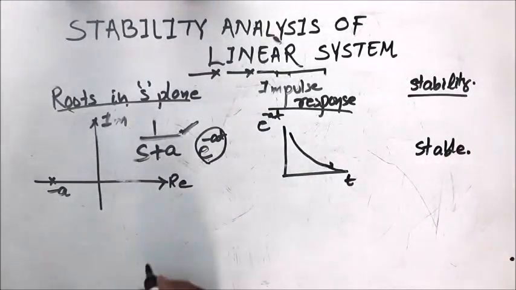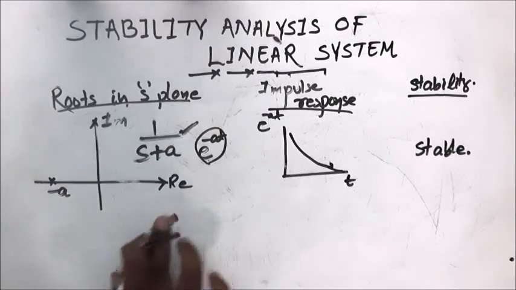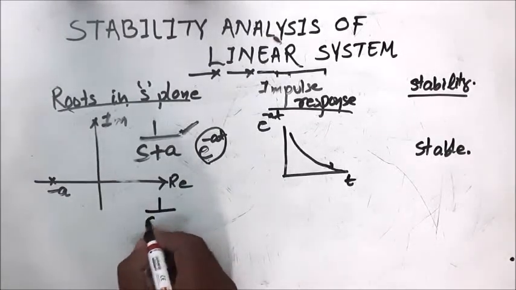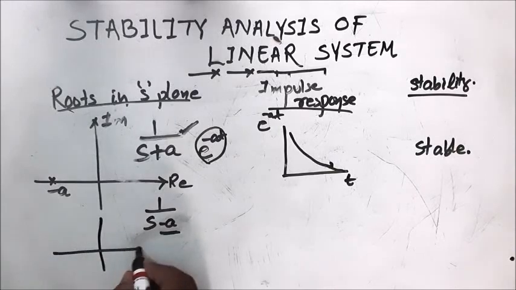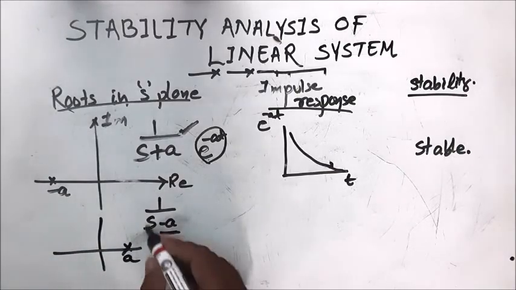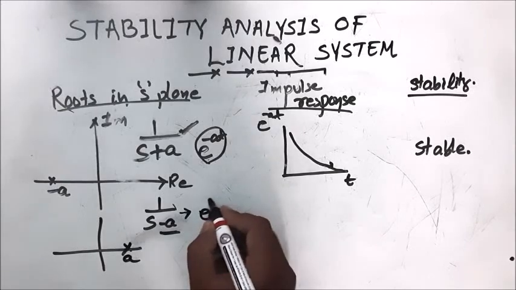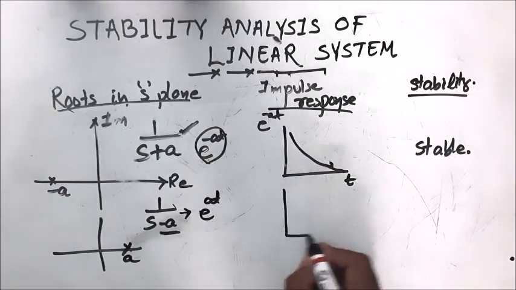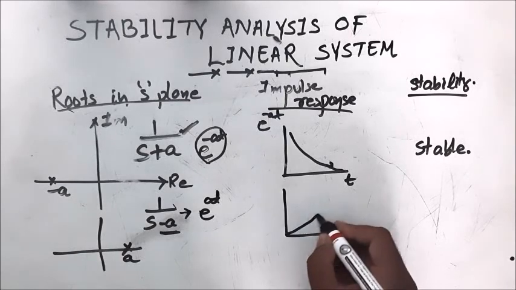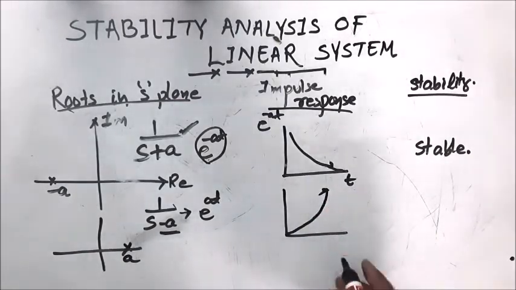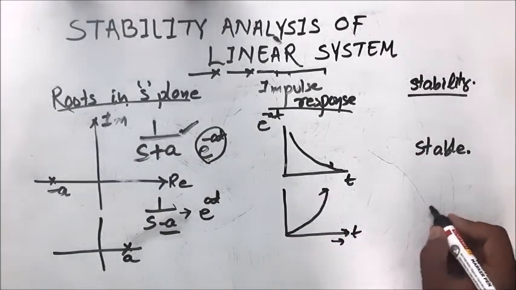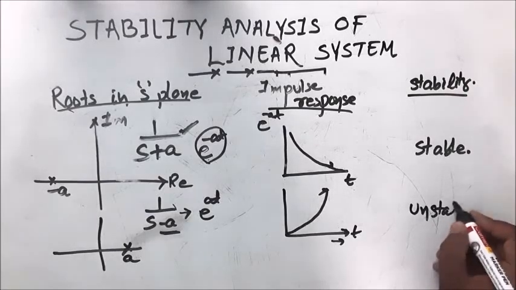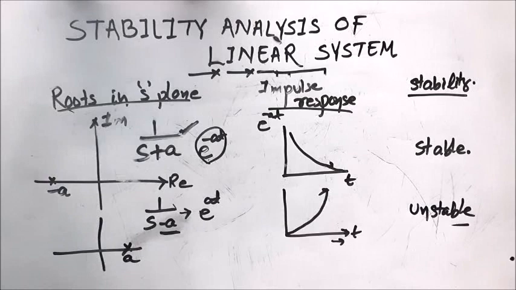But if the transfer function is 1 by s minus a, then plus a will be your pole, somewhere here, and the time domain becomes e to the power at, and the impulse response will become like this. When the time tends to infinity, the response goes unbounded, so the system becomes unstable. Clear this thing?